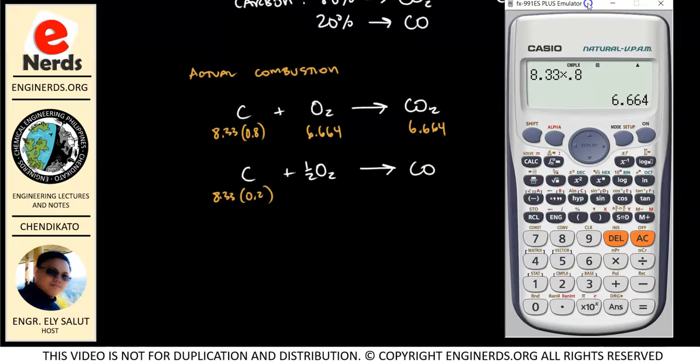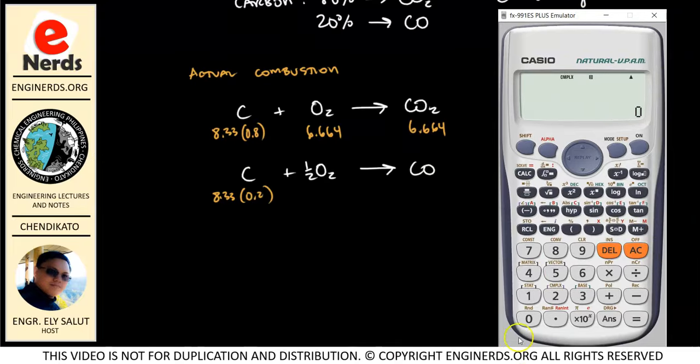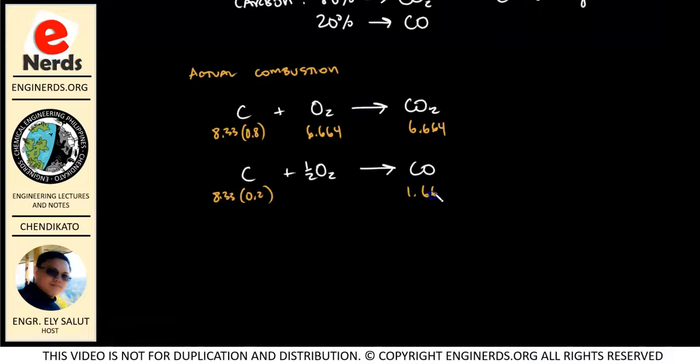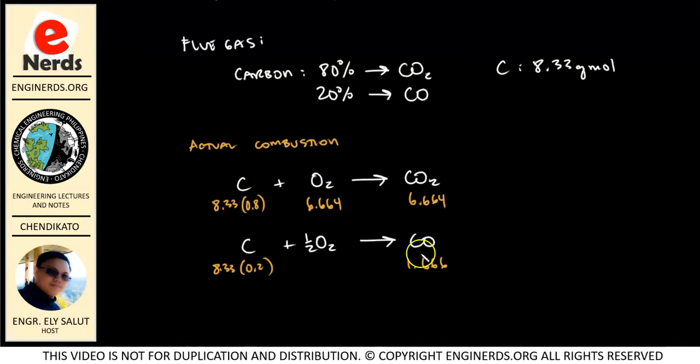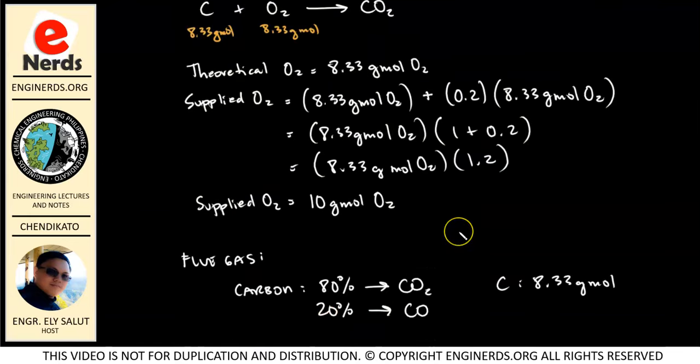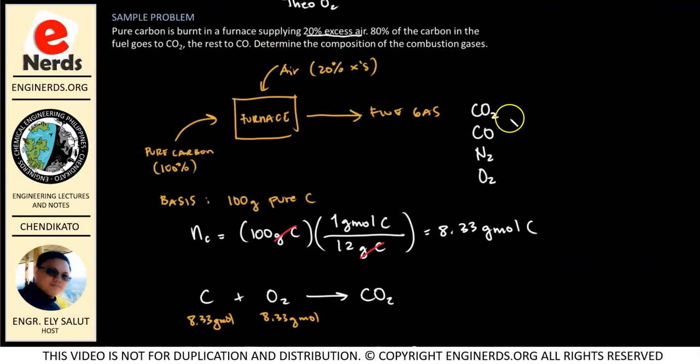So, we have 8.33 times 0.2, which is equal to 1.666, or 1.67 para mas madali. So, therefore, meron na tayong value ng CO2 and CO sa ating flue gas. 6.664 ang ating CO2. And our CO is 1.67 gram mole.